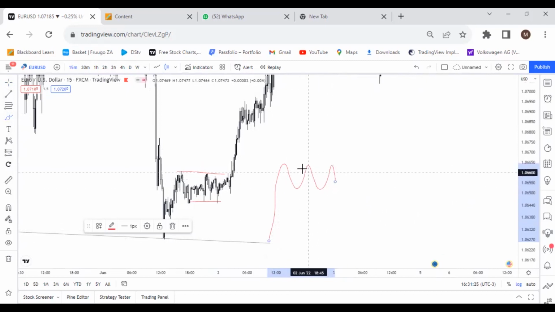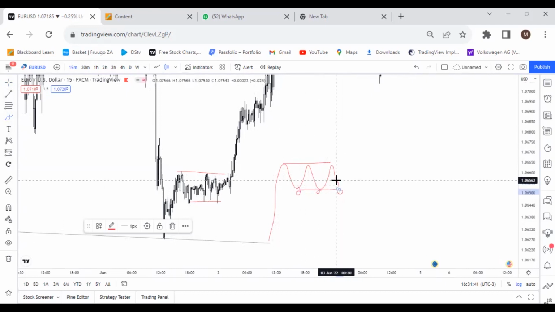Once it starts correcting, you need to recognize all the points and then connect them. The moment you see that we had the first, second, and third touch, right before it gets to the third touch, make sure you pay a lot of attention, as it'll give you reversal candlesticks. Are you aware of reversal candlesticks?